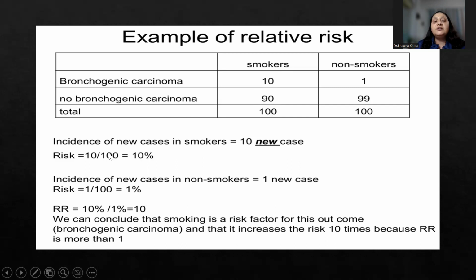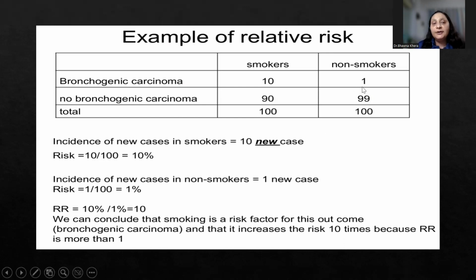This is the risk in the exposed group, and it comes out to be 10%. They are calculating in percent, so 10 by 100 into 100, that will be 10%. Or else you can take it as 0.1. So this is how it is going to be.